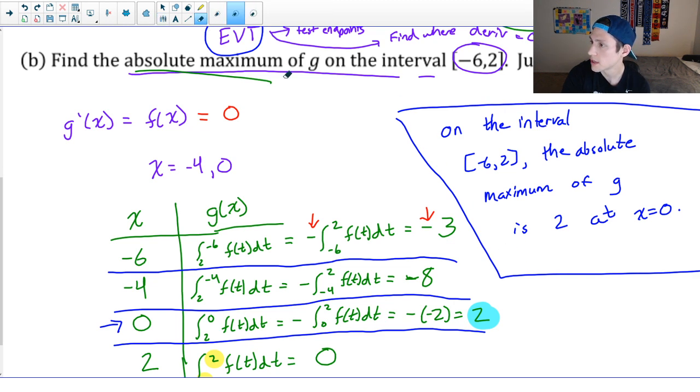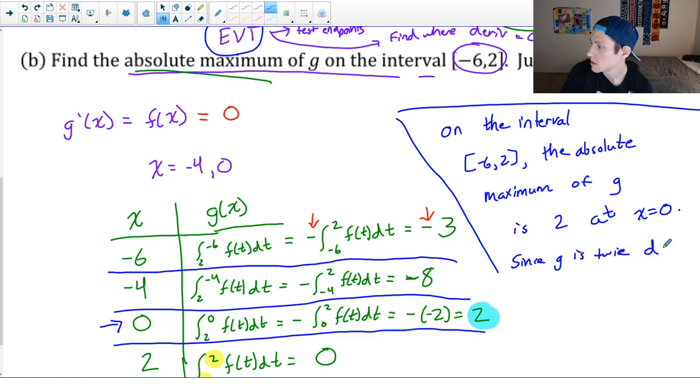So I'll add on a little bit more here, just to make sure that I get that justification point. So since g is twice differentiable, it is continuous, and we use extreme value theorem.